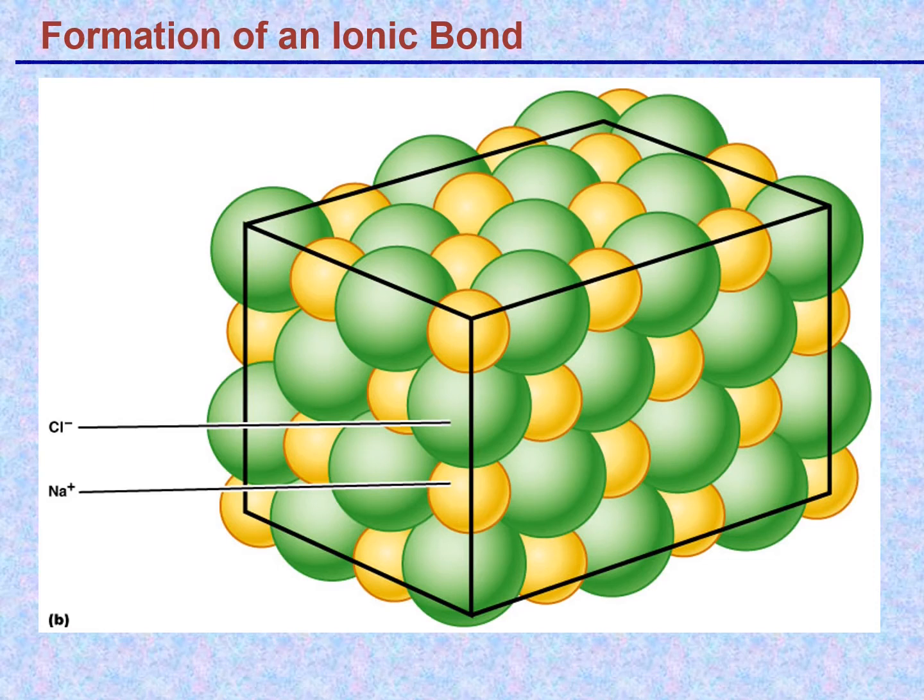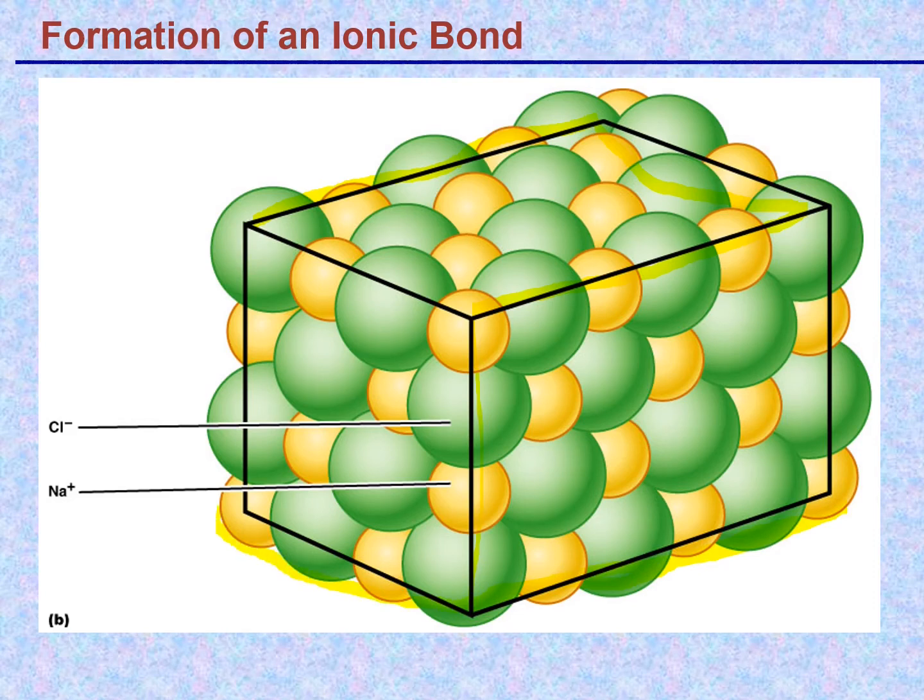And as I said, they'll form a crystalline structure. The atoms will arrange themselves very nicely, uniformly together. In the case of sodium chloride, the most stable interaction shape will be this cube-like shape, which is why crystals of sodium chloride are cube-shaped.